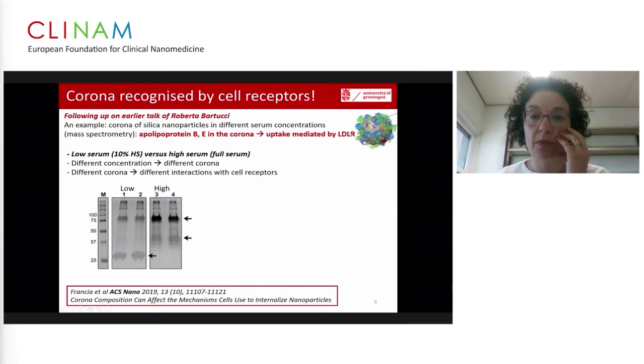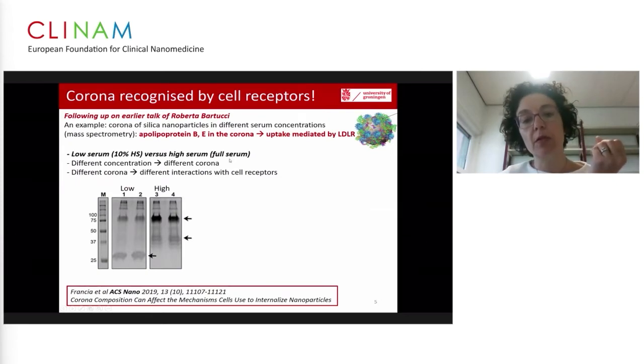with the LDL receptor. But the story is actually more complex because this depends on the details of the corona. And we know that when we expose particles to different serum concentrations, different coronas can form. You see this at low serum concentration, like in vitro conditions, 10% serum, though it's human in this case.